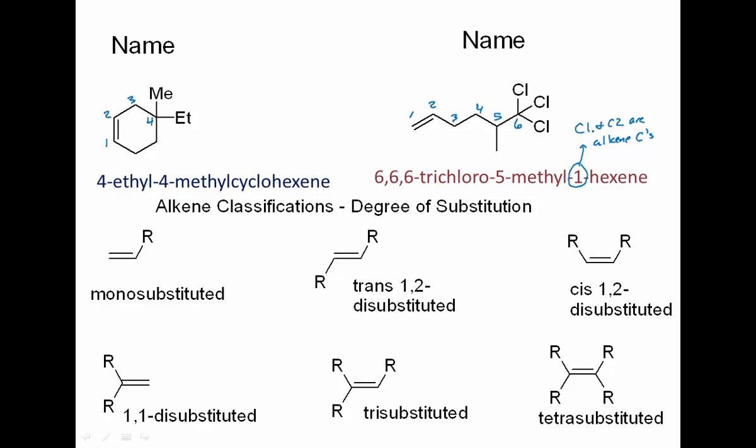Another important nomenclature term for alkenes is that we classify them based on their degree of substitution. We're going to assume in this that the molecule ethylene is the only truly unsubstituted alkene.